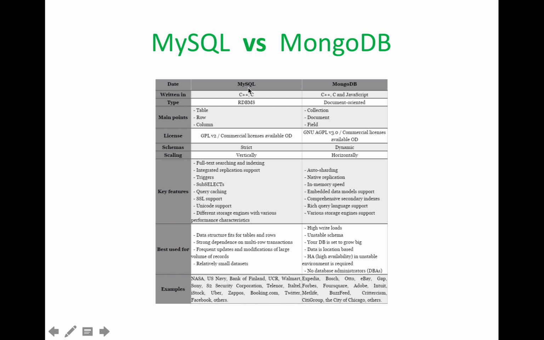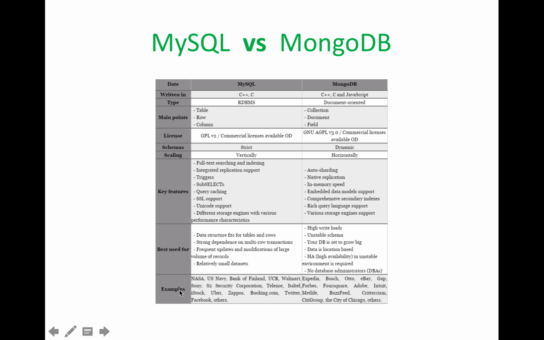The main point of MySQL is the table, and MongoDB calls it a collection. MySQL's row is called a document in MongoDB, and MySQL's column is called a field in MongoDB. The schema is static in MySQL and dynamic in MongoDB. Scaling: MySQL scales vertically and MongoDB scales horizontally. Here are some key features of MongoDB.